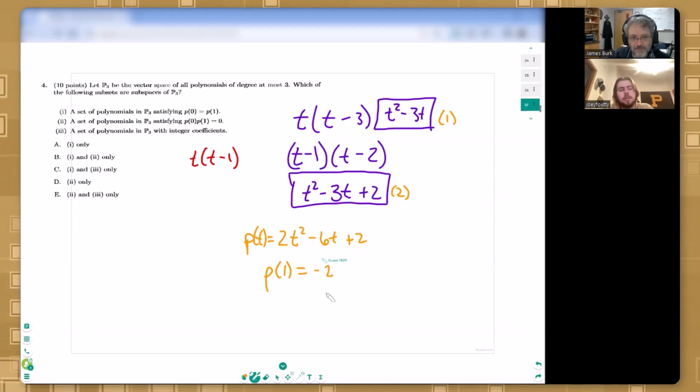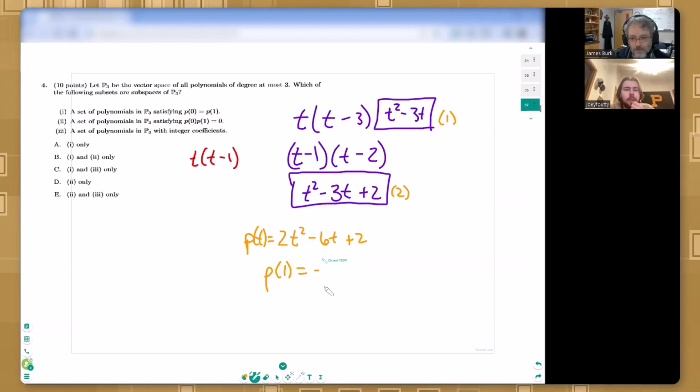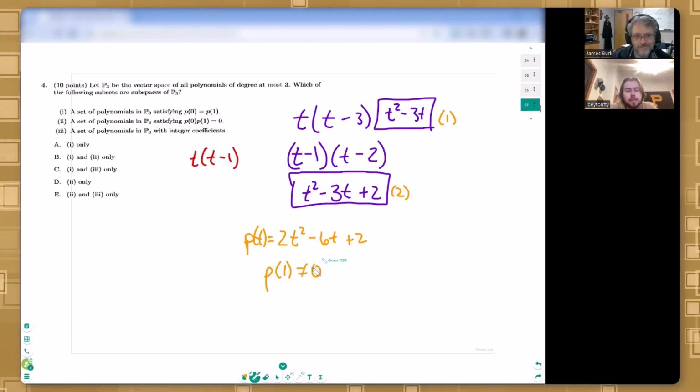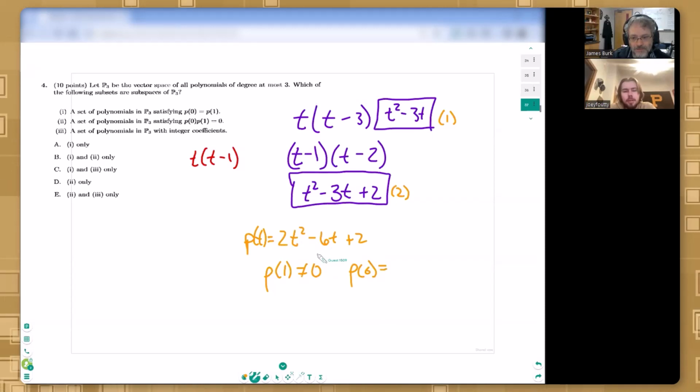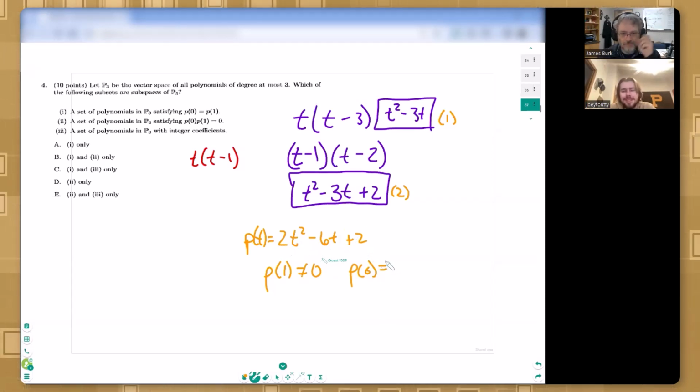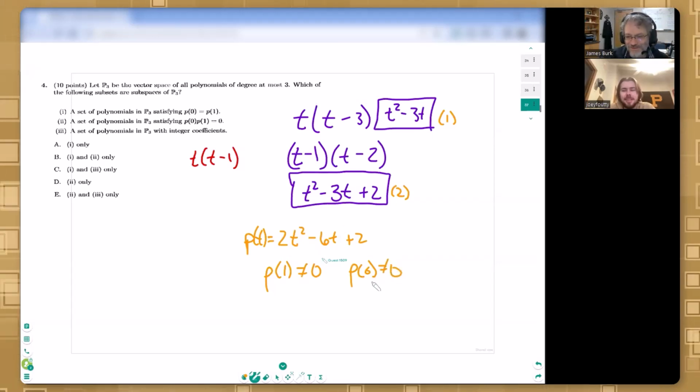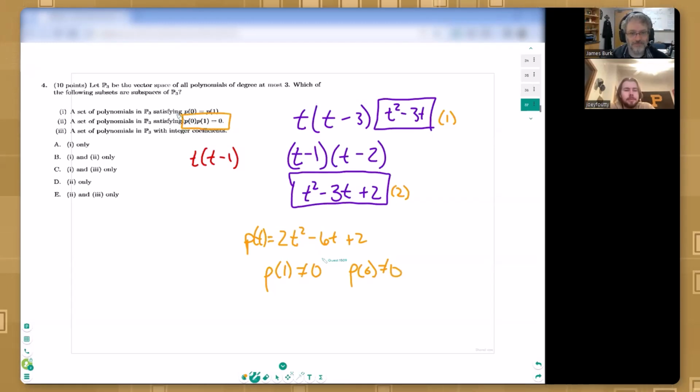Minus 2. So it's definitely not going to be 0. What happens if you plug in 0? Still get 2. Yeah, it's 2, isn't it? Is that 0? No. So if you took these, multiplied them by each other, would you get 0? No. So that tells us then that, sorry, this is not closed.